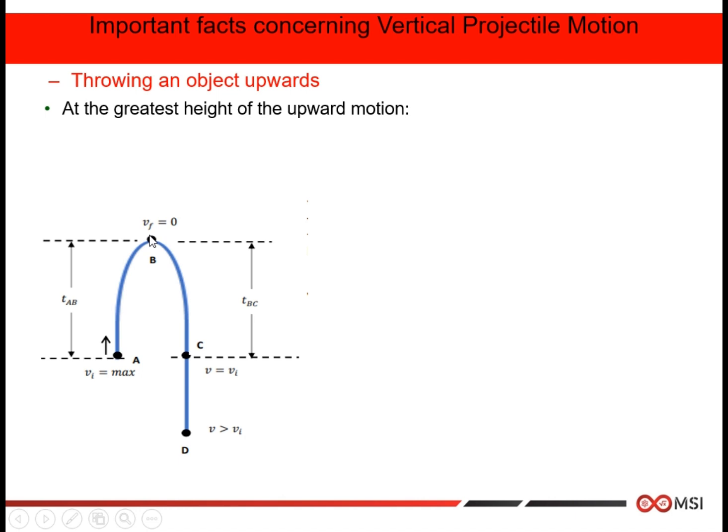And when it drops down, the final velocity when it is reaching the ground is high, due to the fact that it will be accelerating downwards, going towards the gravitational force.